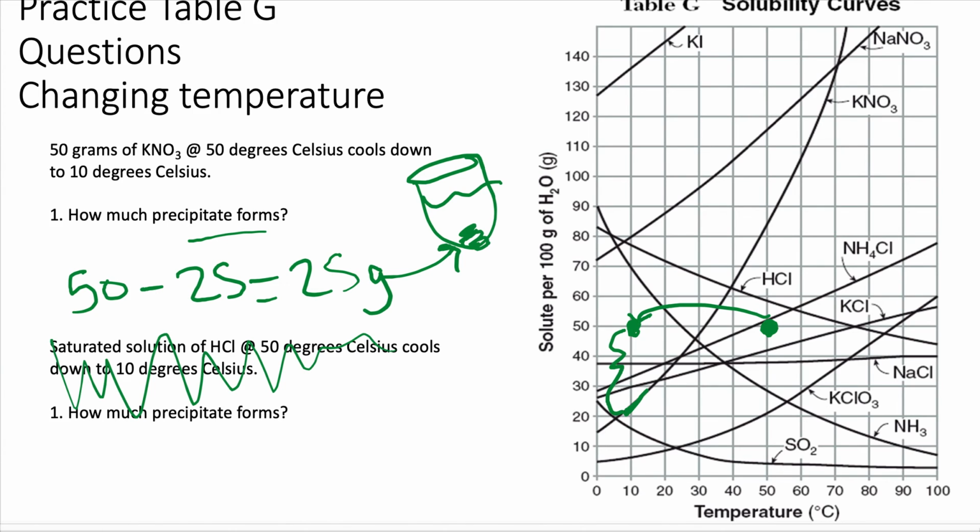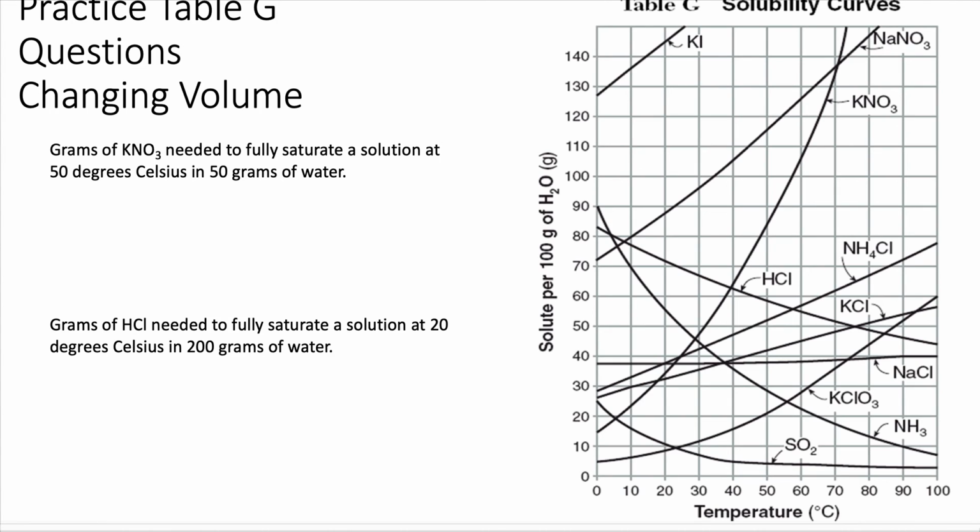Okay. And let's look at the final one. This last one is talking about changing in volume. That's another one that you guys are going to sometimes see. Make sure that you understand that this is done in 100 grams of water.